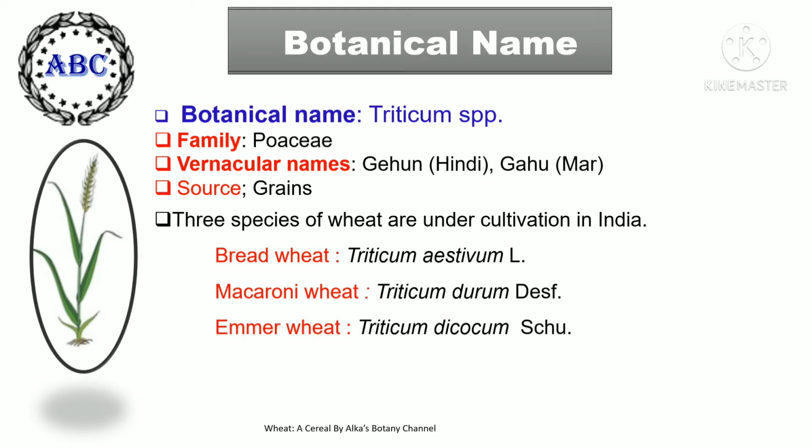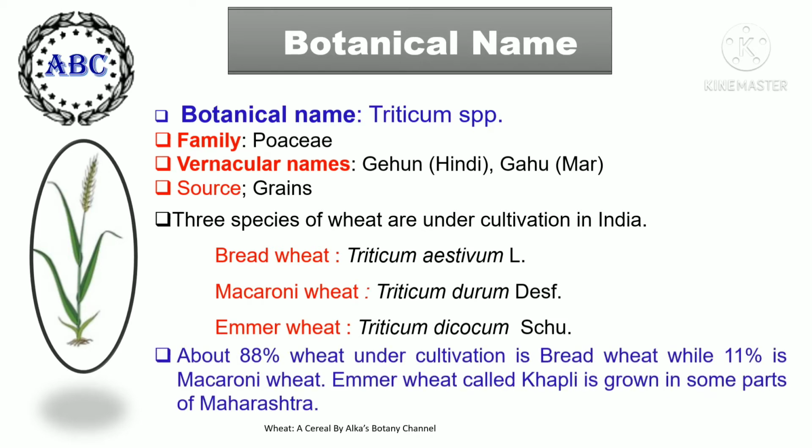These species of wheat are under cultivation in India: bread wheat, Triticum aestivum; macaroni wheat, Triticum durum; and emmer wheat, Triticum dicoccum. About 88% of wheat under cultivation is bread wheat, while only 11% is macaroni wheat. Emmer wheat, called khapli, is grown in some parts of Maharashtra.